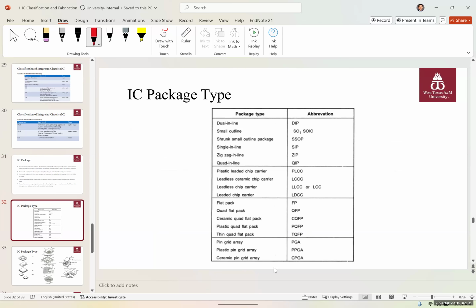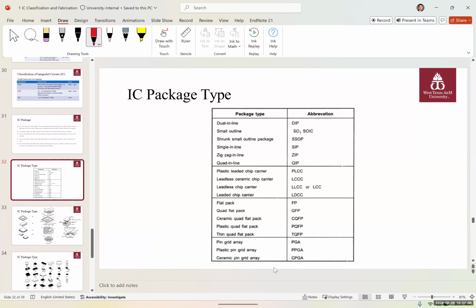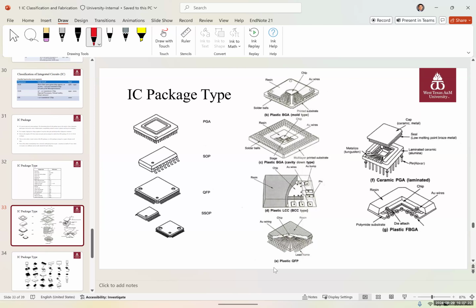The most popular one is the dual inline. So the package type could be dual inline or the small outline, shrunk small outline package and so on. And these are some examples of the IC packaging. Again, you could have pins on all 4 sides or just on 2 sides.